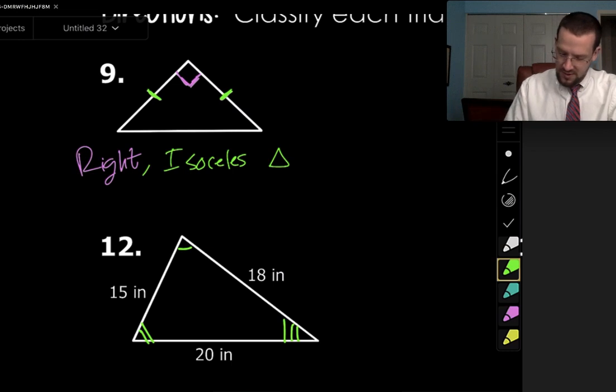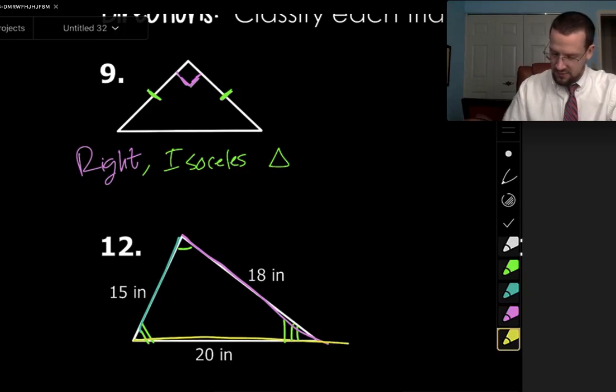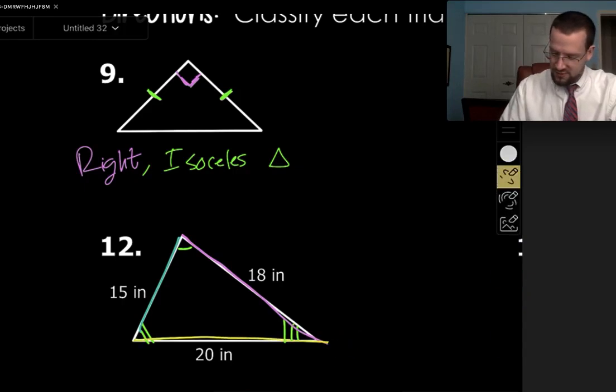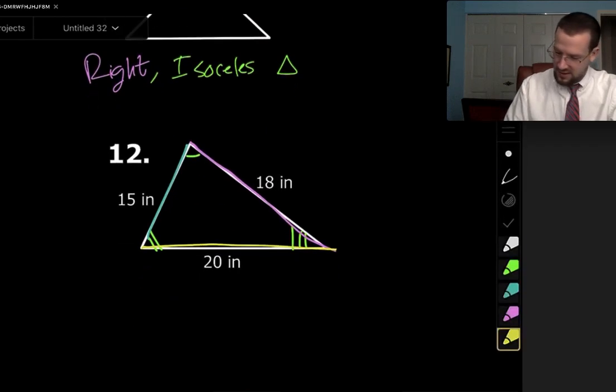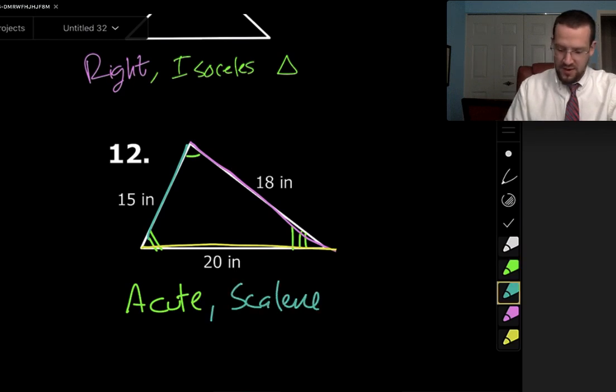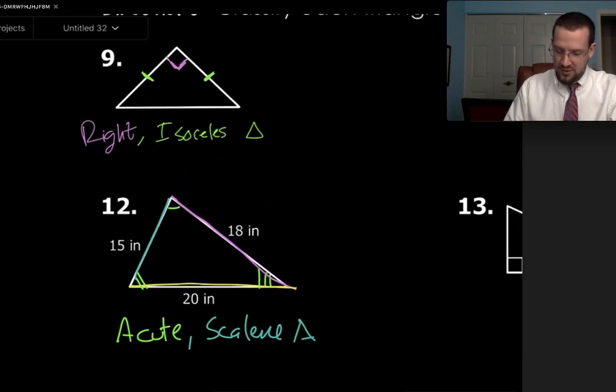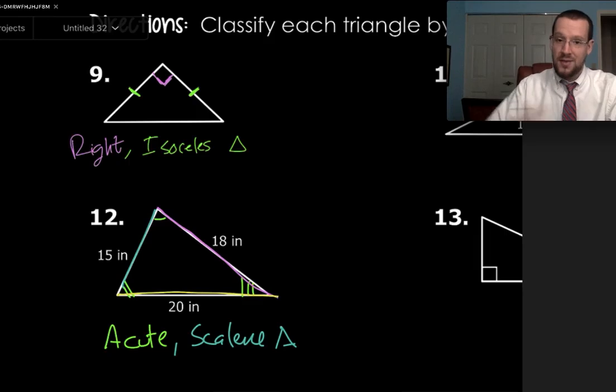They're all different. We have one side that's 15, another side that's 18, and another side that's 20. So all the sides are different as well. So this triangle is going to be an acute scalene triangle.